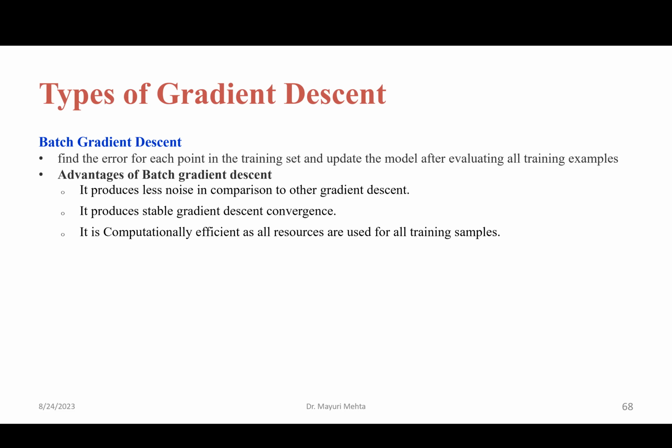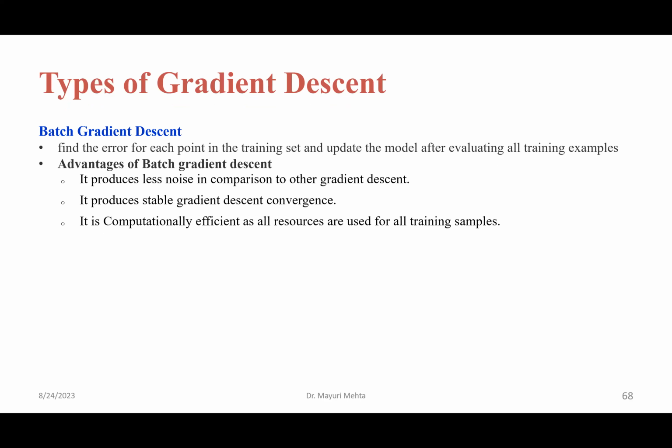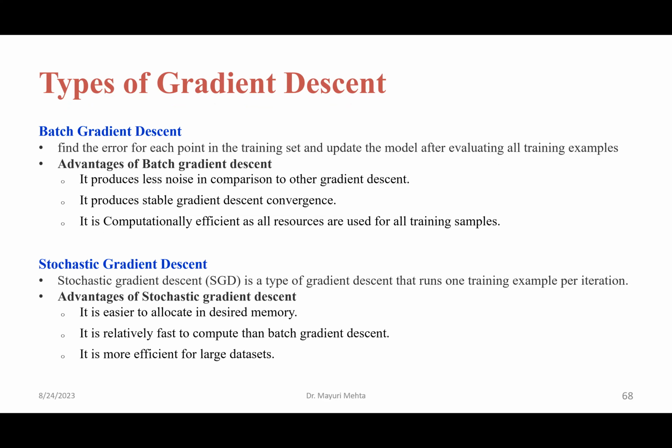What are its advantages? It produces less noise in comparison to other gradient descent types, which we will discuss now. It produces stable gradient descent convergence, and it is computationally efficient as all resources are used for all training samples. These are some general benefits of batch gradient descent.